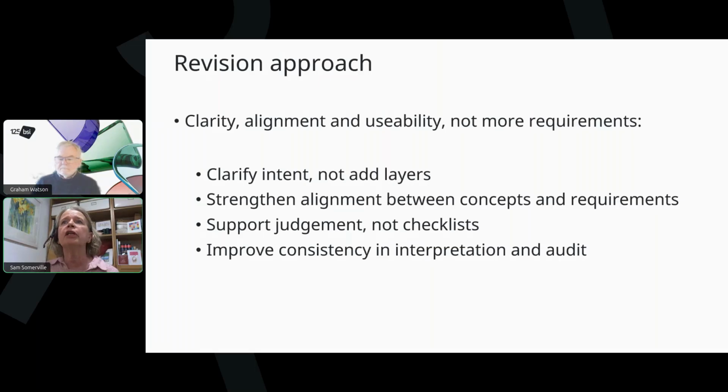So the revision approach was very deliberate, in fact. The focus was on clarity, alignment, and usability, and only introducing new requirements where user value could be confidently expected. And the intent was to clarify meaning, strengthen alignment between concepts and requirements, support professional judgment, and improve consistency in interpretation and implementation.